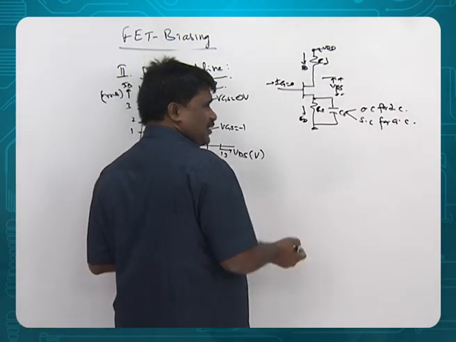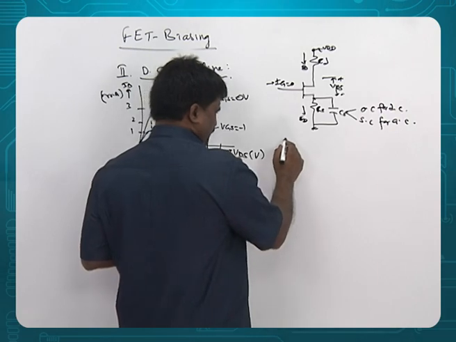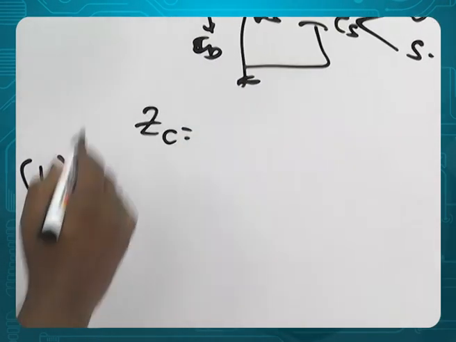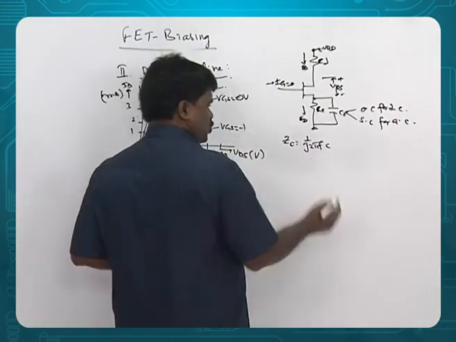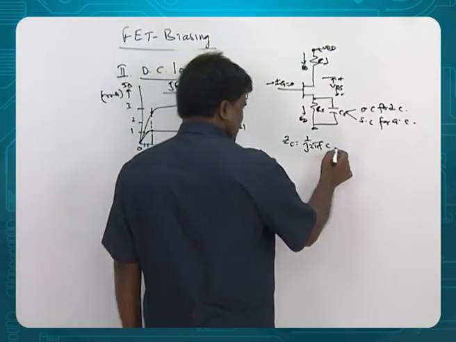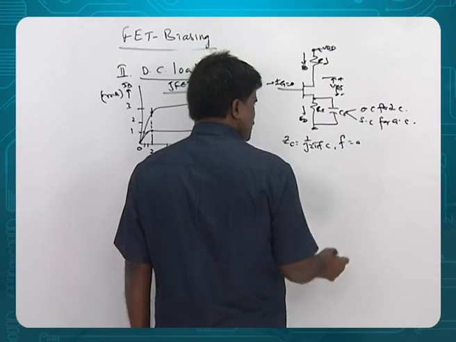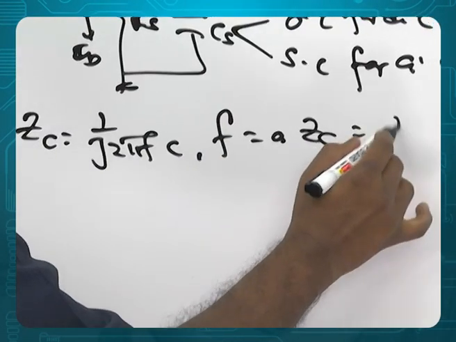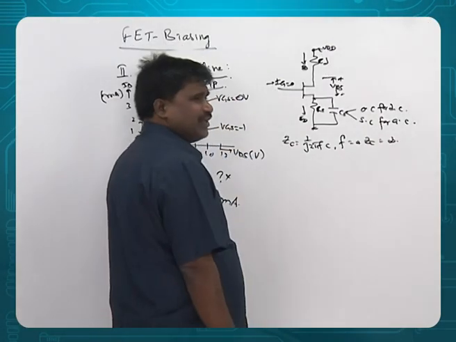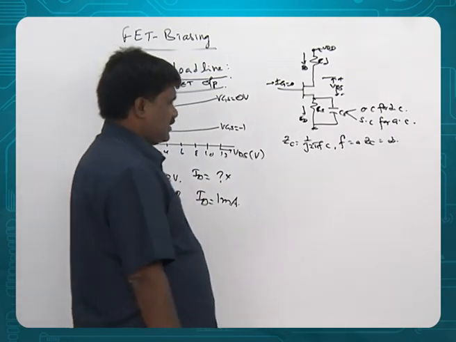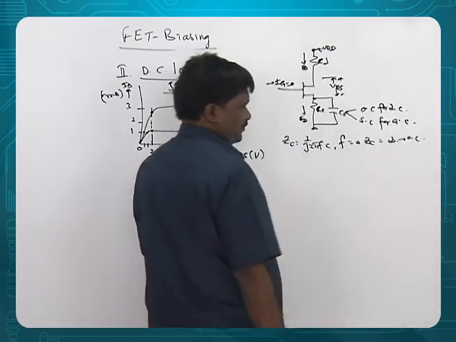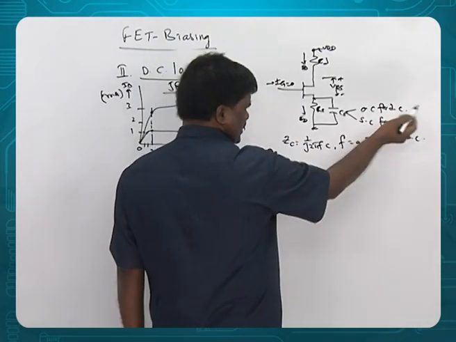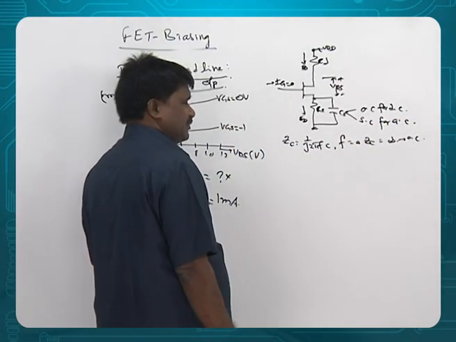Let me also tell you why it is so. For example, the impedance of a capacitor is 1 by j2πfC. For DC, the frequency is 0, therefore impedance is infinity. Infinity means open circuit. That's why I have written open circuit for DC.